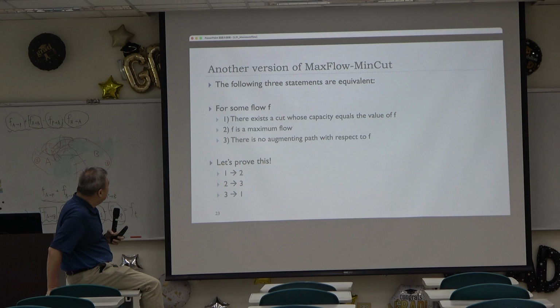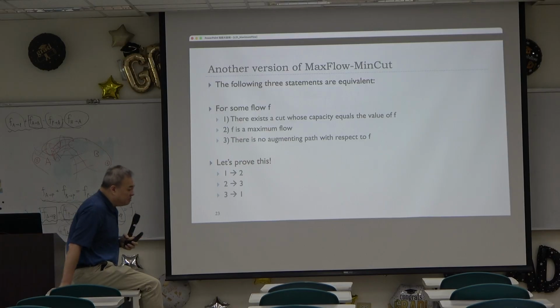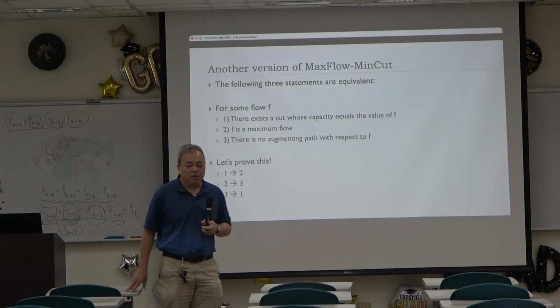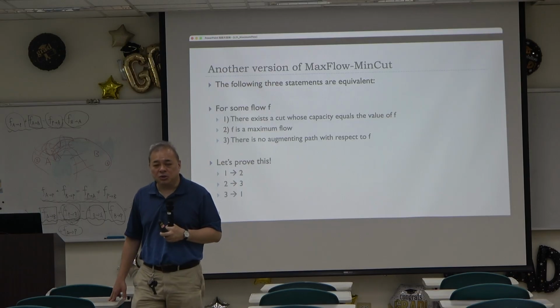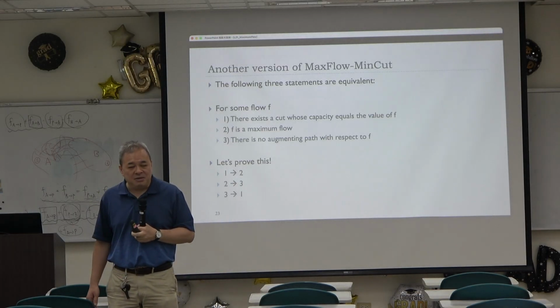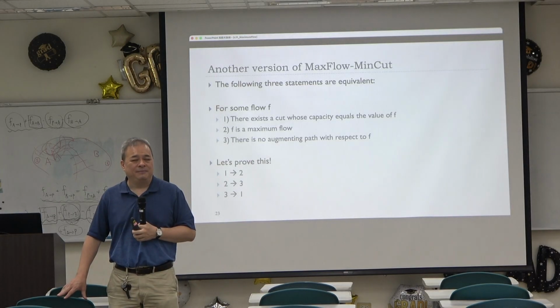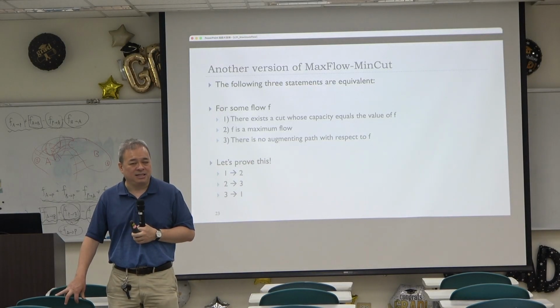From the second one to the third one. Okay, there is no augmenting path with respect to F. So if F is the maximum flow, there must not be any augmenting path. Why? Because if you could find an augmentation path from source to the sink, that means you are able to add additional capacity to your flow F. Then the flow F is no longer the maximum flow, right?